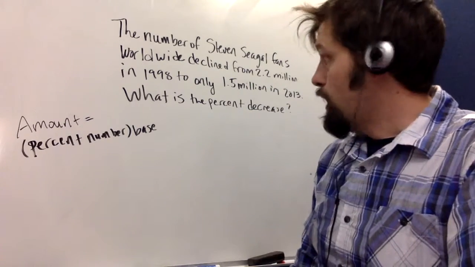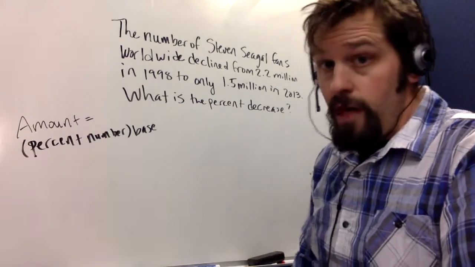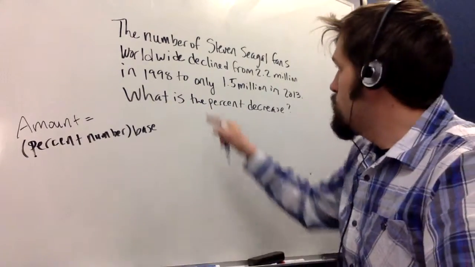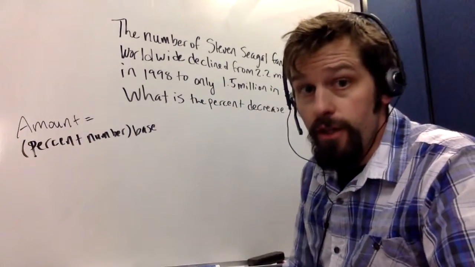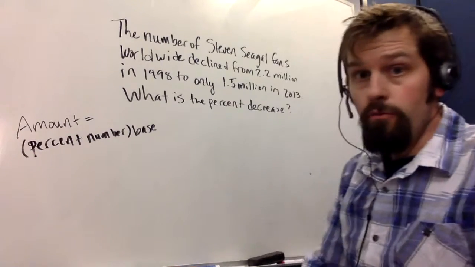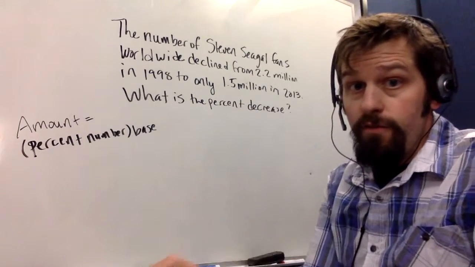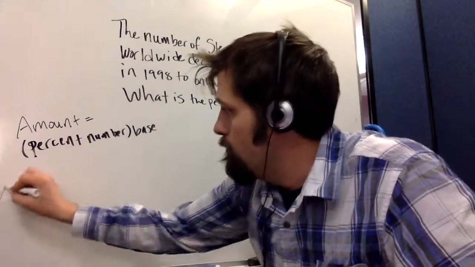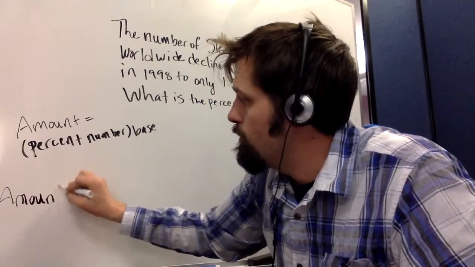So if we look at a percent decrease problem, the amount is not going to be any one of these particular numbers. It's going to be the difference between these two numbers. So the number of fans declined from 2.2 million.